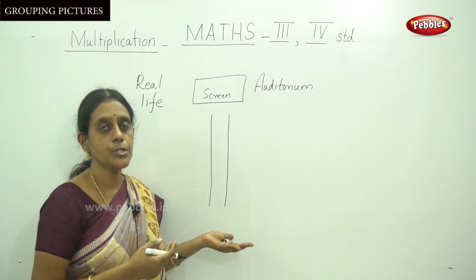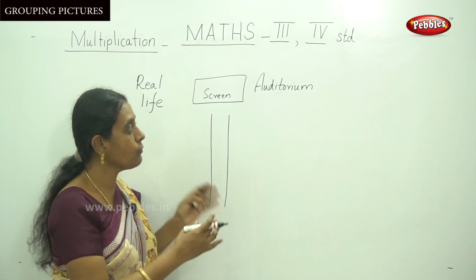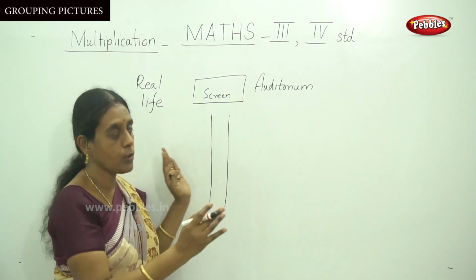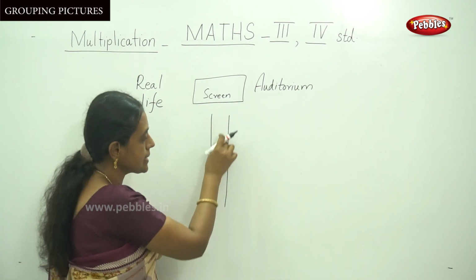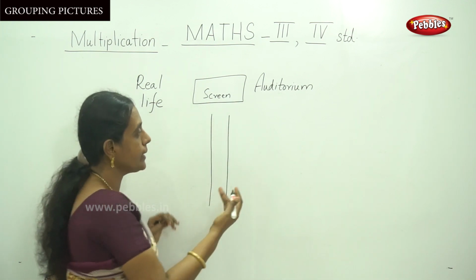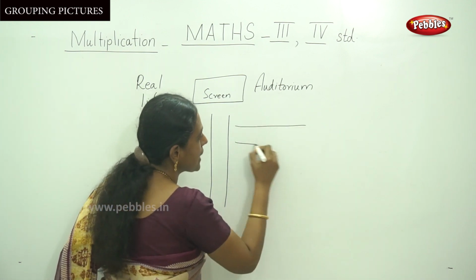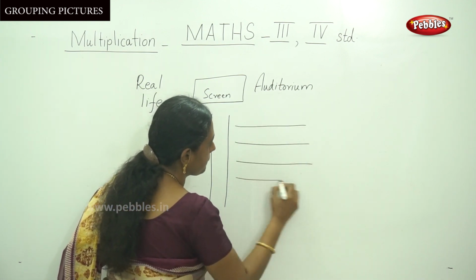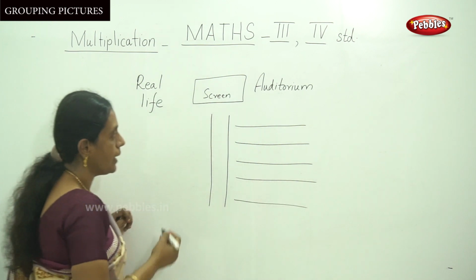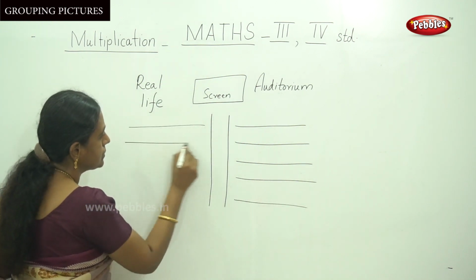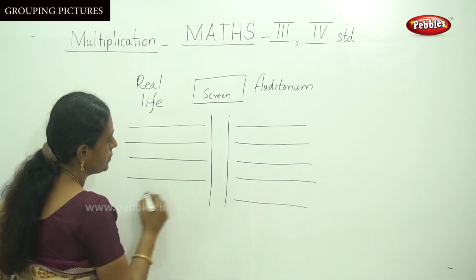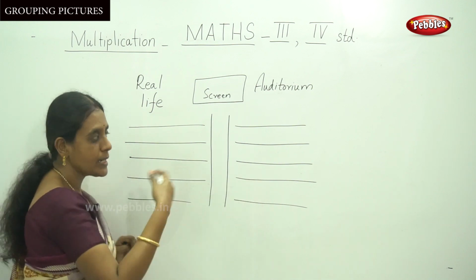Here we are going to explain. This is a model of an auditorium. This is a screen, this is a center walking path, and these 2 sides are rows of chairs. These are called rows, horizontal lines.